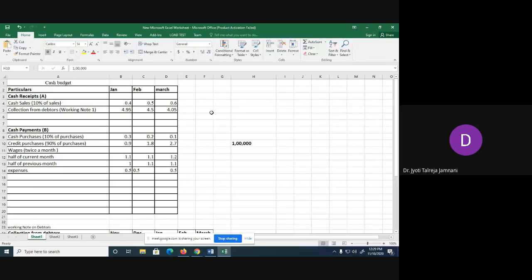Of this 1 lakh, 25% will be paid on installation. 25% of 1 lakh is 25,000. When we are installing it in February, we will pay 25,000.